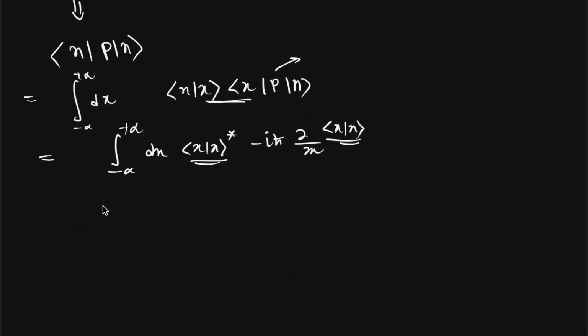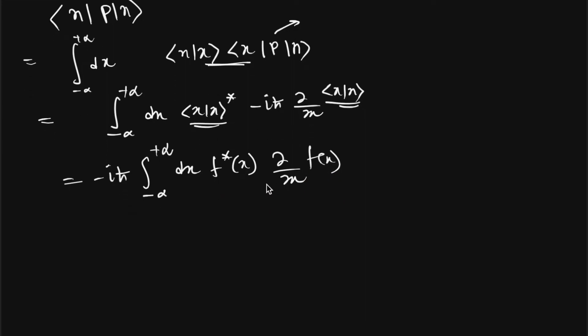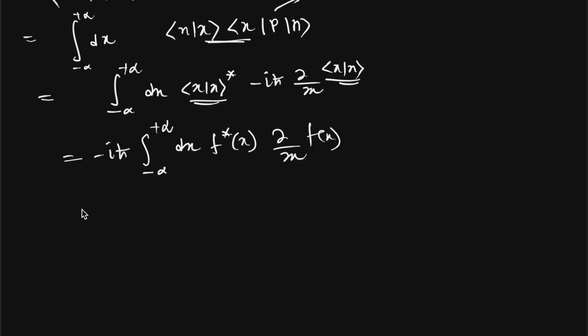That means in this problem the expectation will be the integral from minus infinity to plus infinity dx f star x (minus iħ del x) f(x). And since we know that f(x) is only non-zero between 0 and a, this integration is from 0 to a dx f star x, and since f(x) is only a function of x, this partial derivative is actually the derivative of f(x).